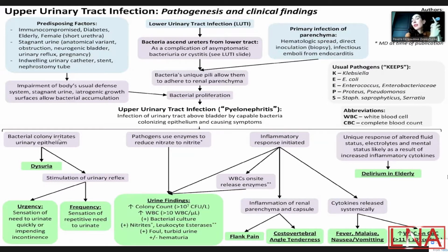From the side of the blood, all signs of general inflammation: leukocytosis with shift to the young forms, positive ESR, positive C-reactive protein in case of urosepsis.